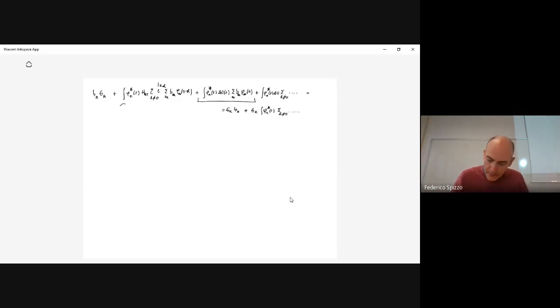Differently, if we look at this integral here, the other integrals are integrals where in the scalar product we have one orbital belonging to the central ion and one orbital belonging to any other ion.